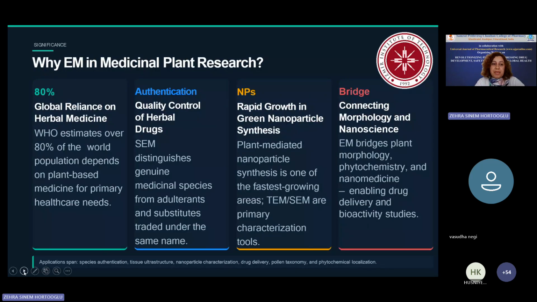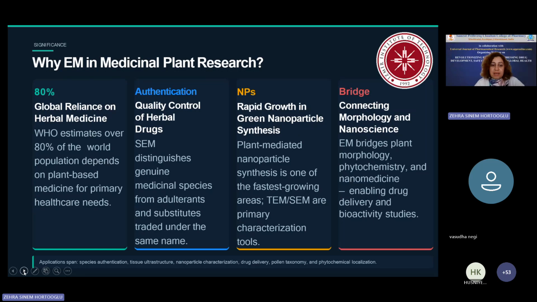Why is electron microscopy important in medicinal plant research? Global reliance on herbal medicine: WHO estimates that a large percentage of the world population depends on plant-based medicine for primary healthcare needs. Adulteration and quality of herbal drugs is very important.